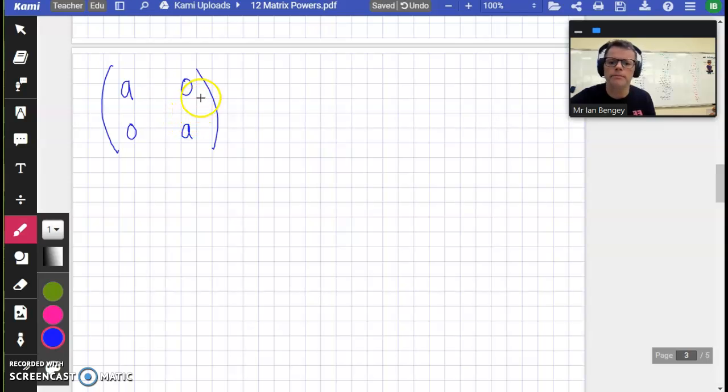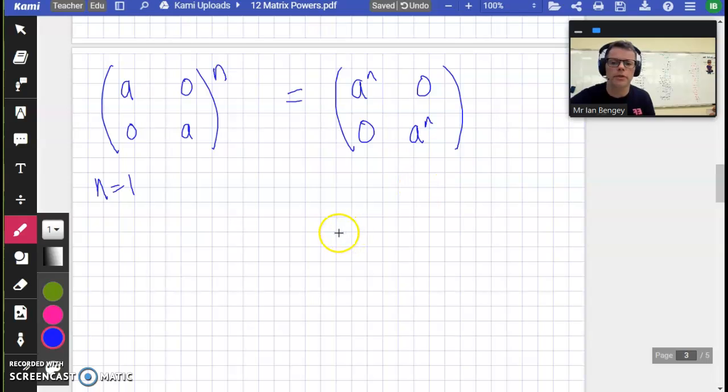It's just a 2 by 2 for now, but we will try and work out what this looks like. We think we know it's going to be, and we're going to try to prove that the result is a to the power n in these diagonal positions. So let's try it for n is 1. Well, we know that's true because, oh no, sorry, I should put there: is this equal to [a to the n, 0; 0, a to the n]?